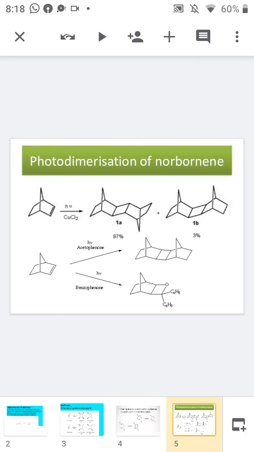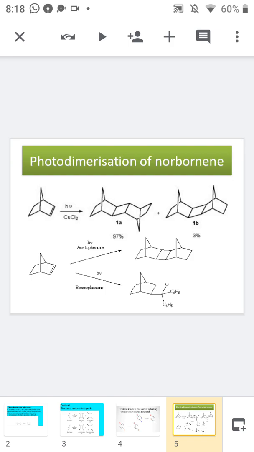Now we are moving to the photodimerization of norbornene. Norbornene means it is again a dimerization. It is a part of the dimerization of alkene, where the alkene is part of a cyclic system. In the presence of the catalyst copper chloride, we get two products: 97% of one product, 1A, and only 3% of 1B.